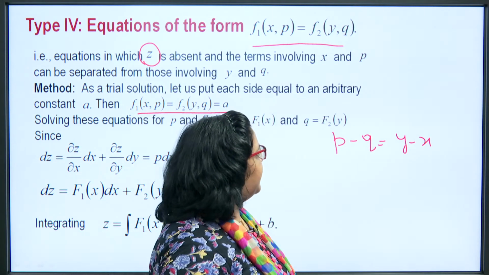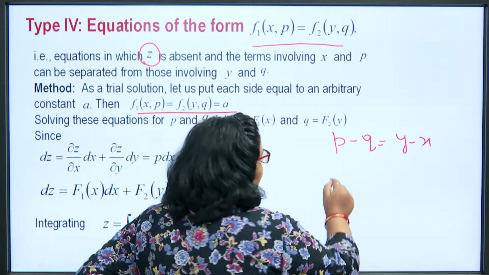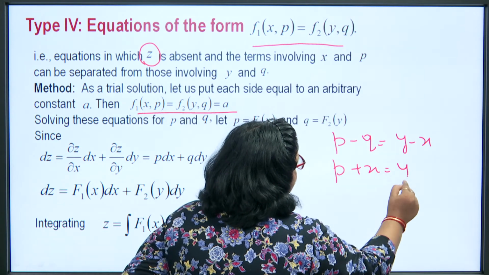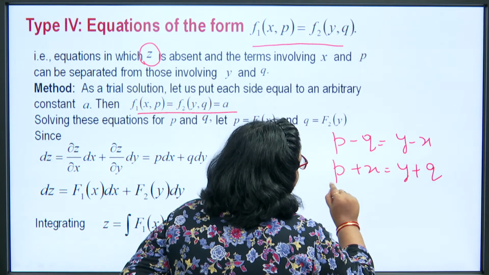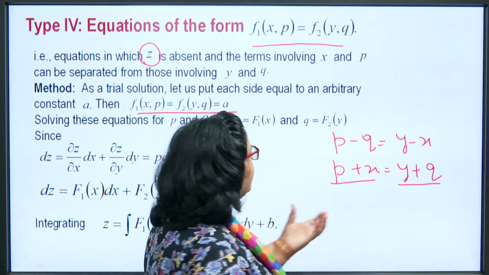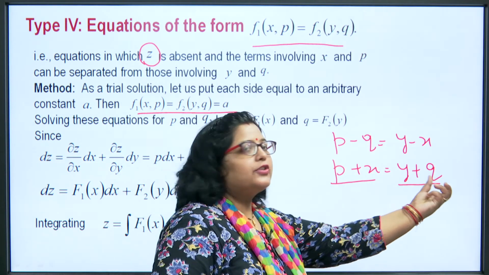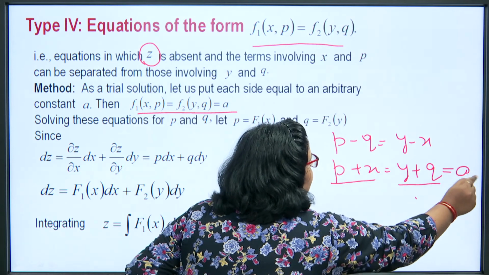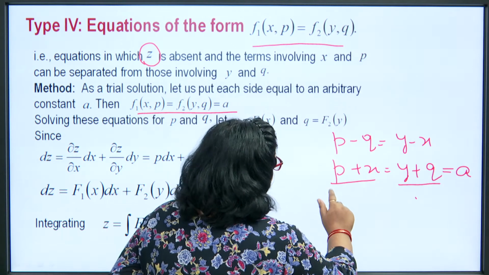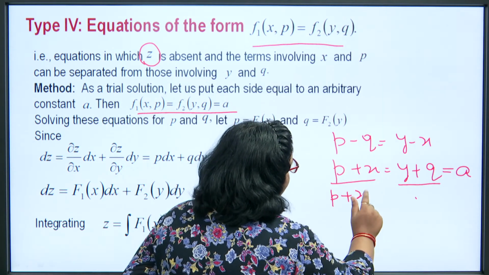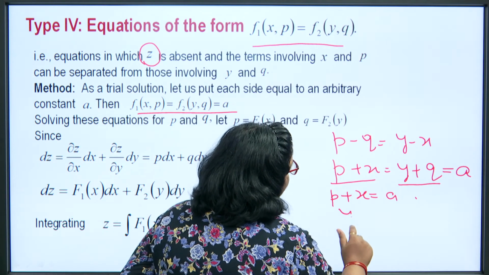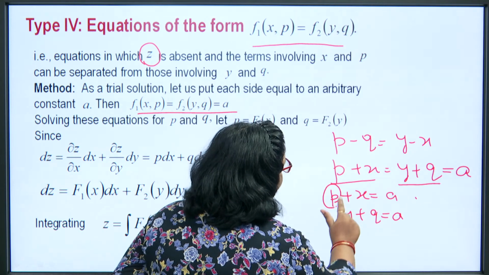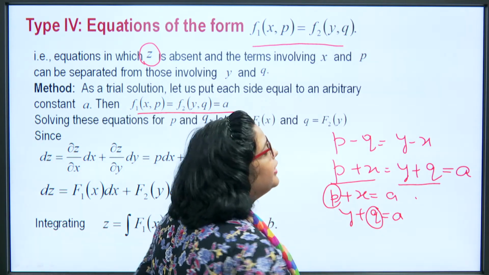This equation contains p, q and y minus x, and we can write it as p plus x and y plus q. We write them separately, p plus x on one side and y plus q on the other side, equal to any constant A. So p plus x is equal to A and y plus q is equal to A, and we find the values of p and q in terms of A and x.